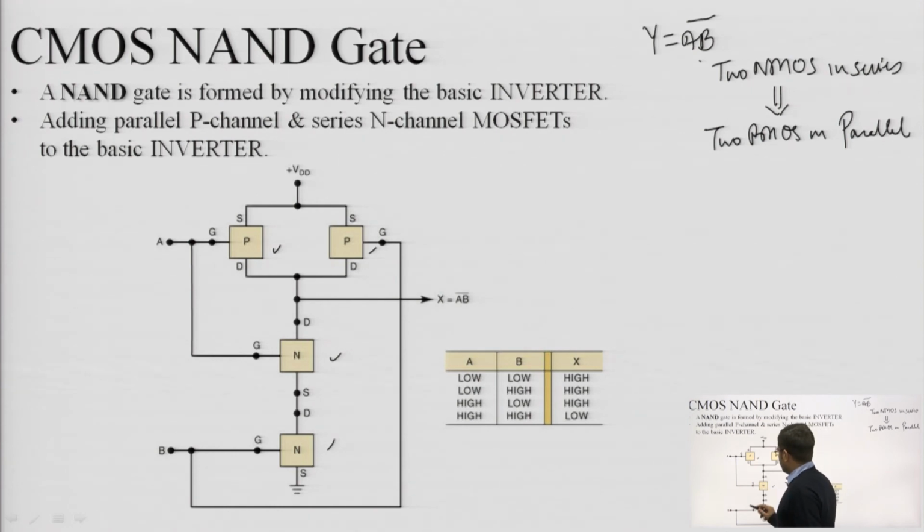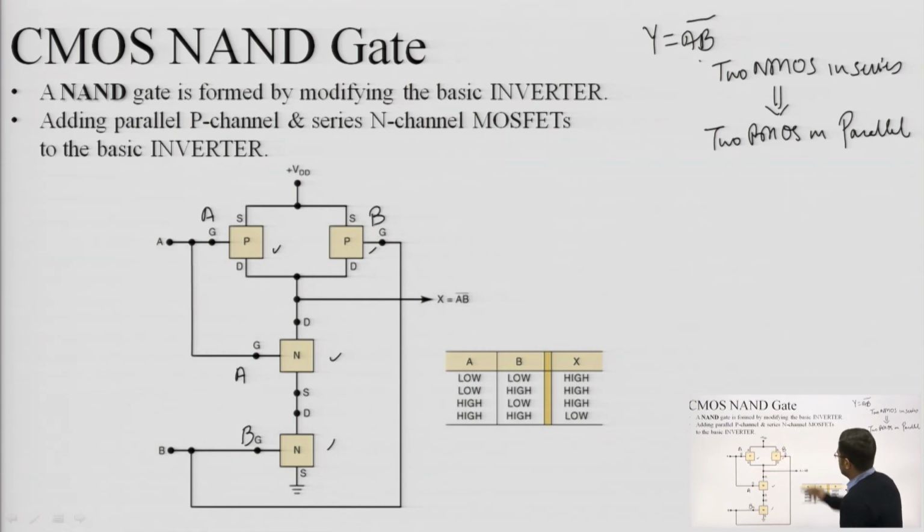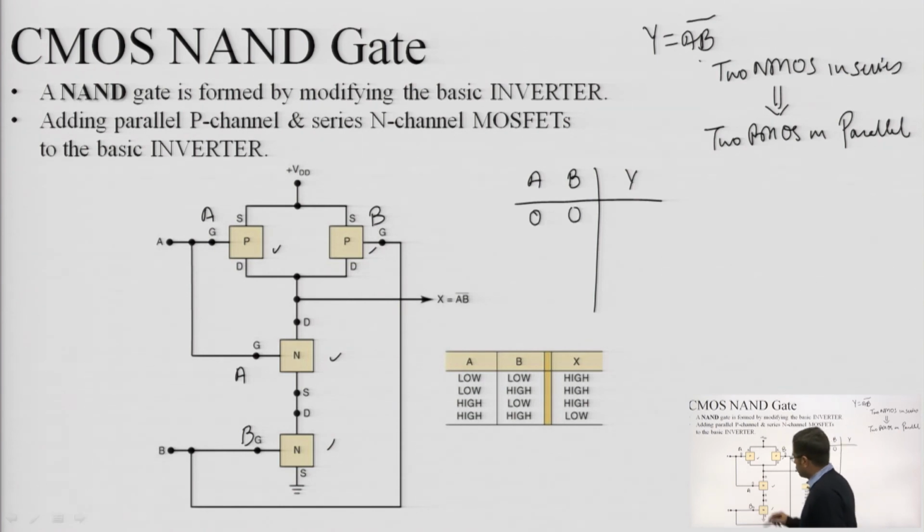So this is A, this is B. Similarly, this is A and this is B. Simply, we have connected both these directions separately. Now if I apply 0 0 here, both are 0.